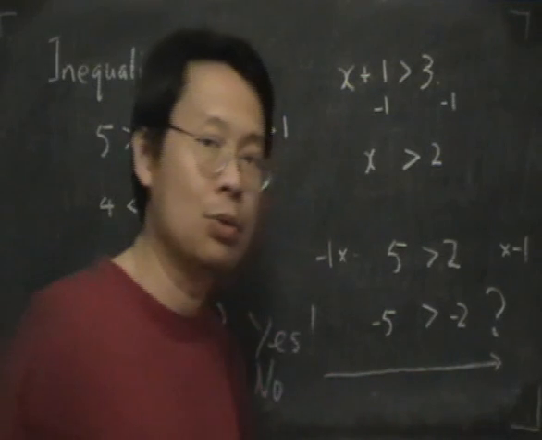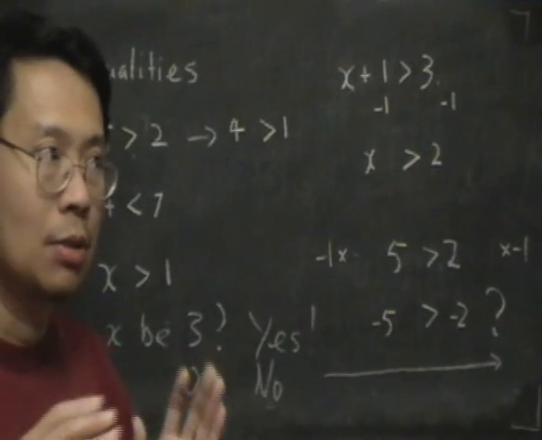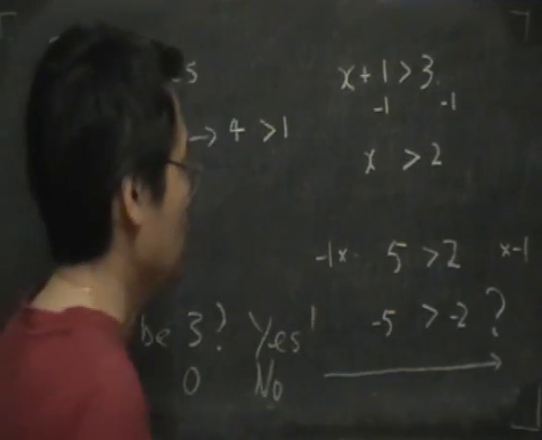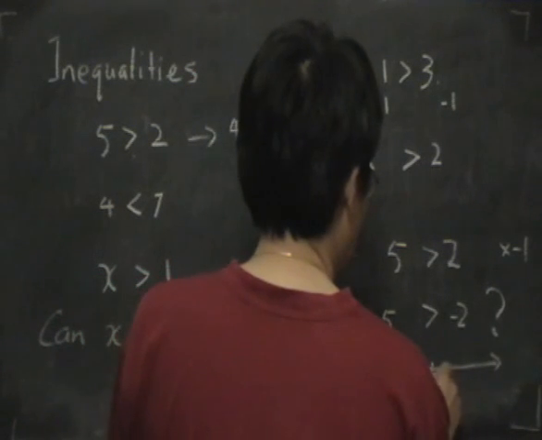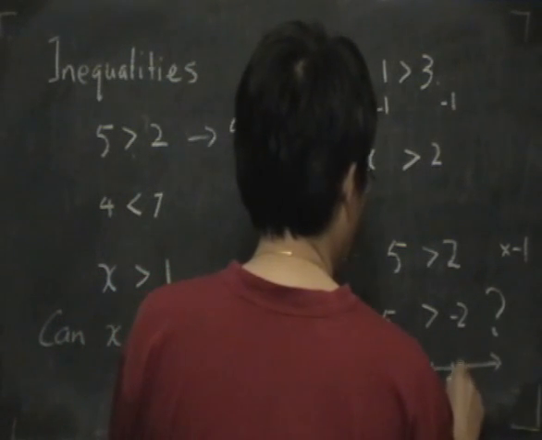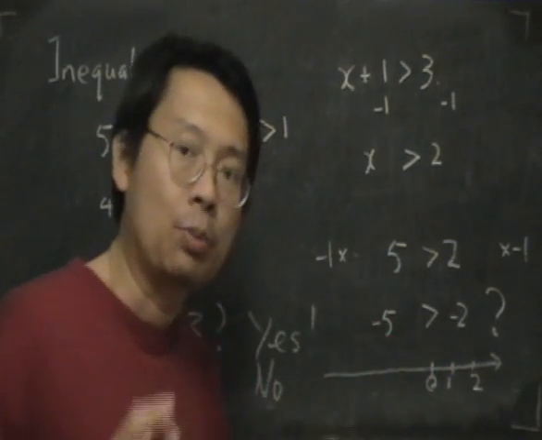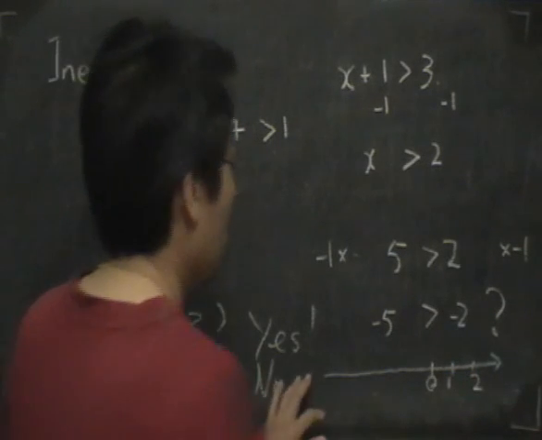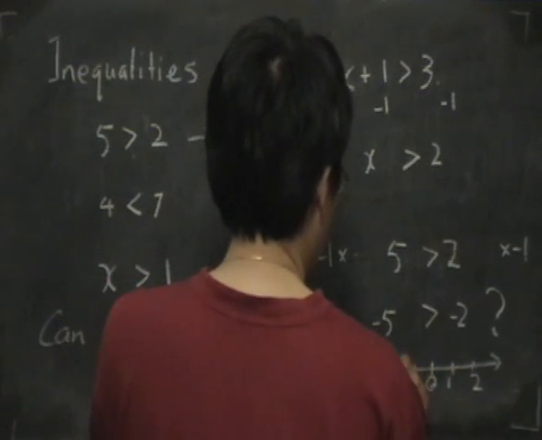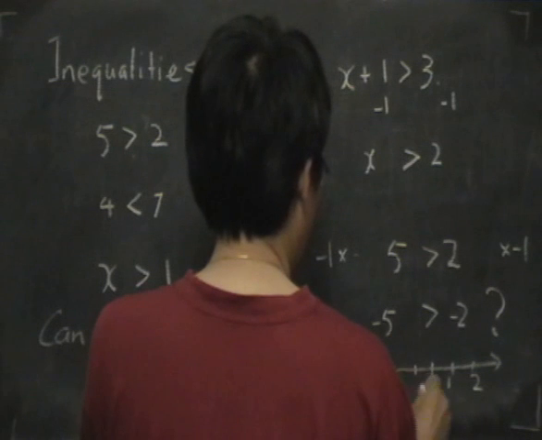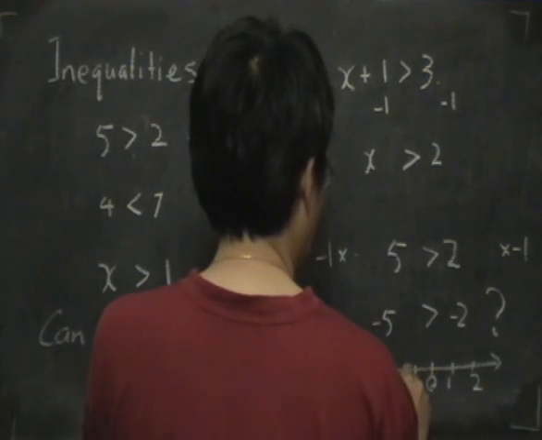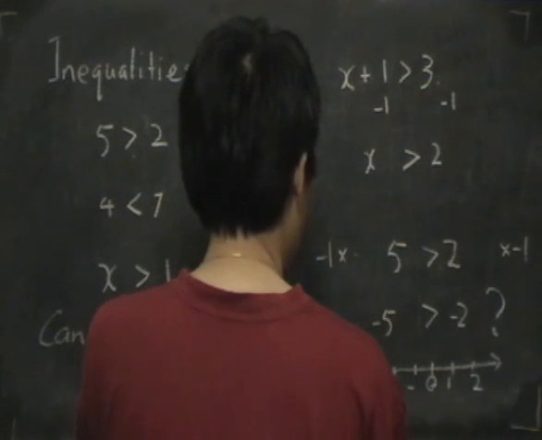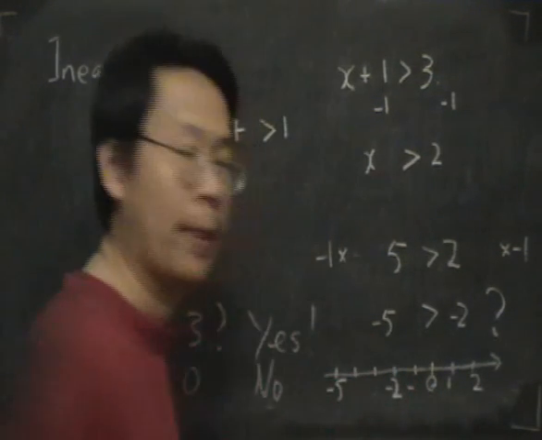I tend to think about it as points on a number line. So I might have 0, 1, 2. I can represent numbers by points on the number line. On the other side I will have minus 1, minus 2, minus 3, minus 4, minus 5. If that's minus 2, minus 5 is further to the left.